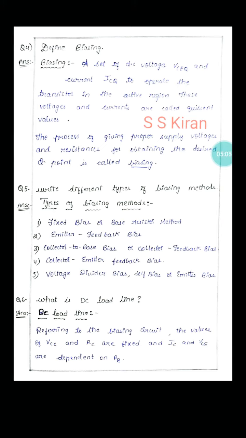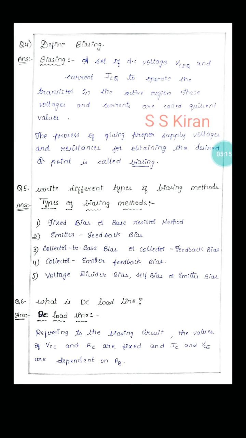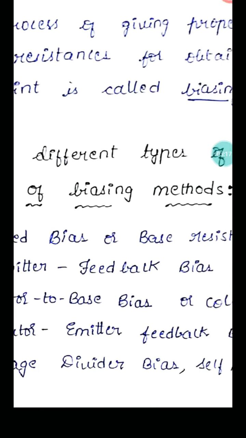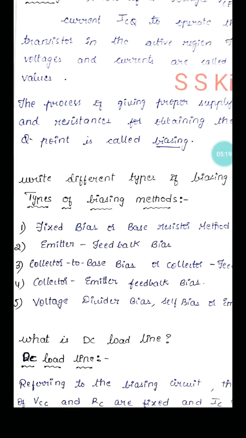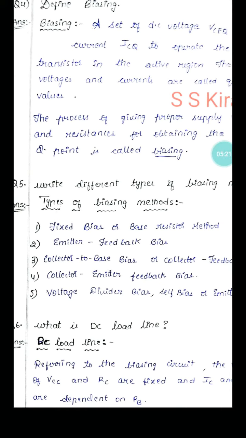Clear. Now the fifth question, write different types of biasing methods. The first one is fixed bias or base resistor method. Second one, emitter feedback bias. Third one, collector to base bias, or collector feedback bias.